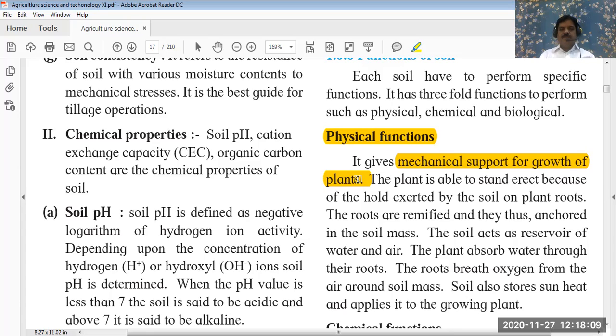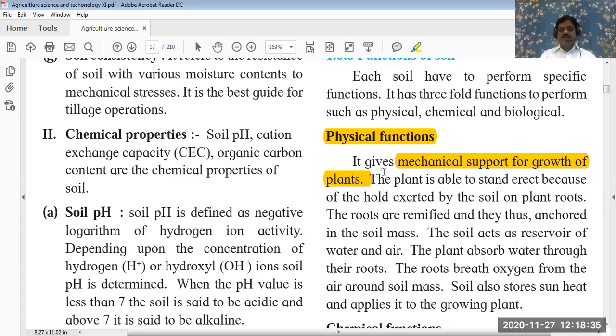For example, a pole is to be fixed in the soil, so we give some support, that is the support of some wire or support of cement, concrete, support of stones, like that. Because of this soil, plant gets mechanical support. Means plant can stand, otherwise plant will fall down.